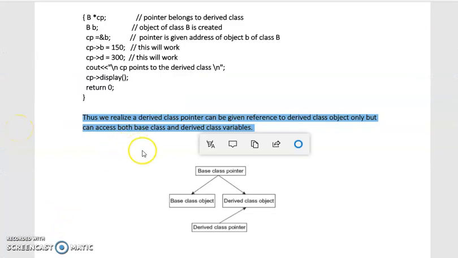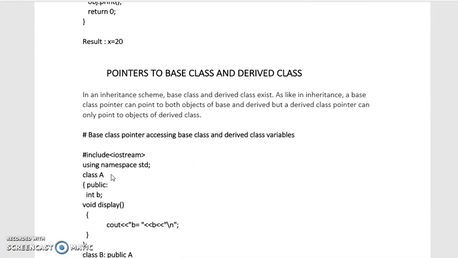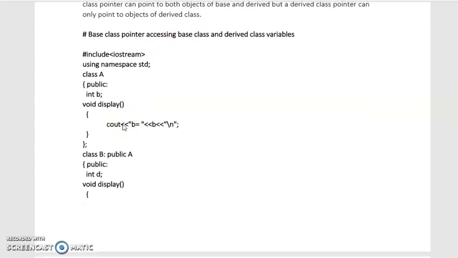So this concludes this topic, and basically it explains all these programs. It can be tried out on your system, and you can make an understanding of this particular concept and how does pointer work with base class as well as derived class objects in trying to access the base class and derived class variables.